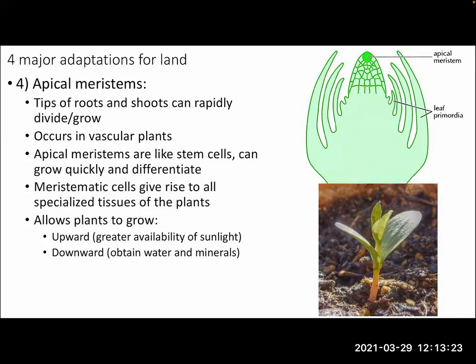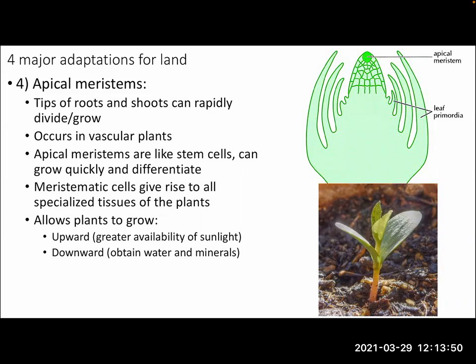And that apical meristem not only grows on the tips of stems, which are also known as shoots, but it also will grow at the tip of a root. The apical meristem contains these specialized cells called meristematic cells that will differentiate and develop into various tissues of the plants.